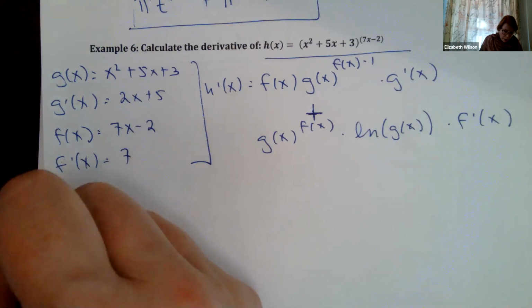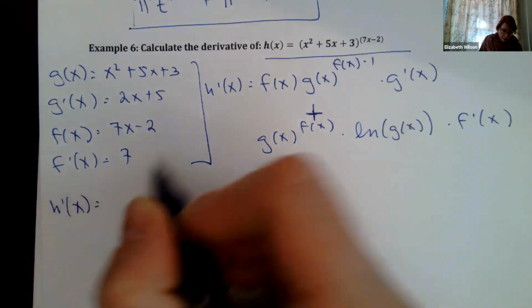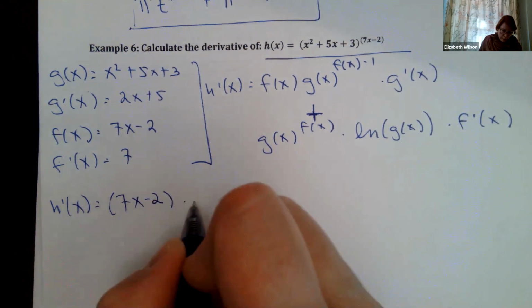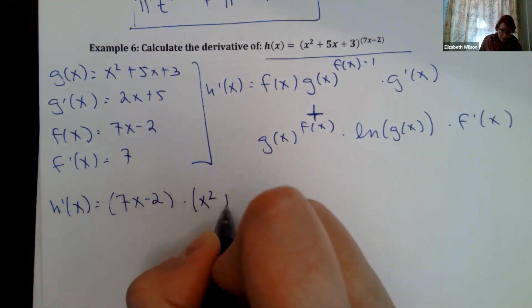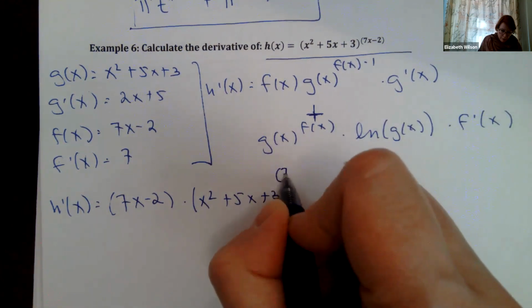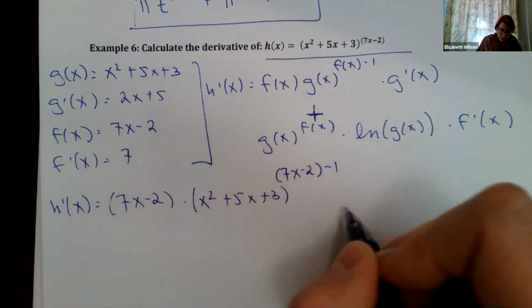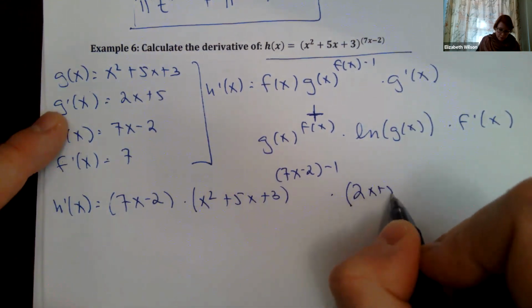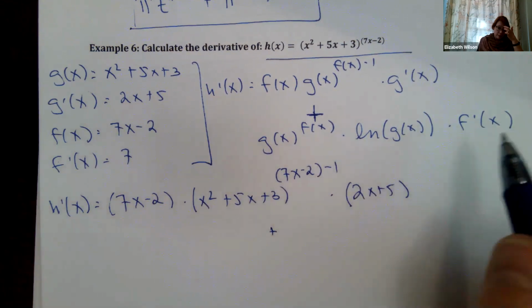So my h prime says f of x, 7x minus 2, times g of x, x squared plus 5x plus 3, raised to the f of x minus 1, 7x minus 2 minus 1, times g prime, 2x plus 5, plus my second bit, right?